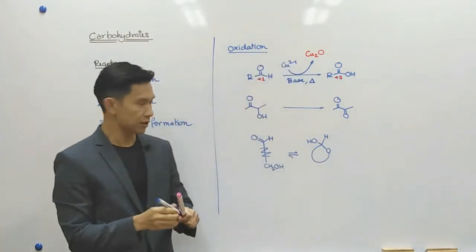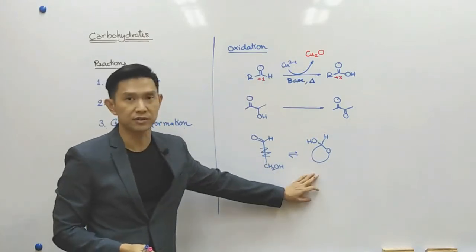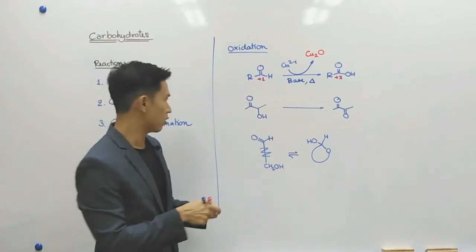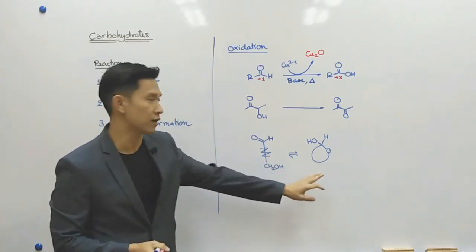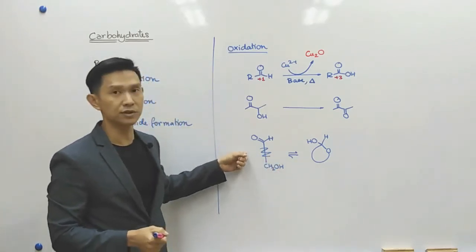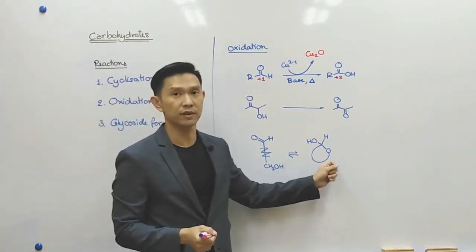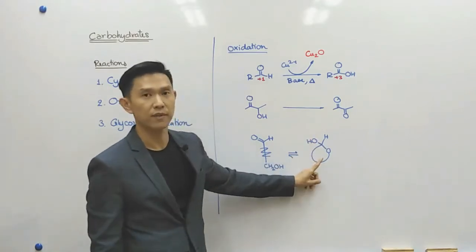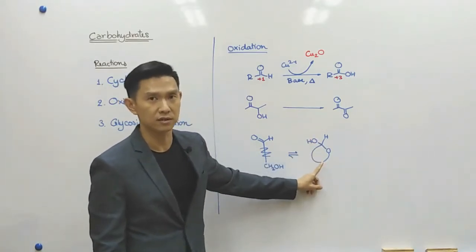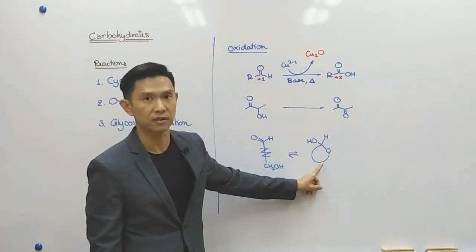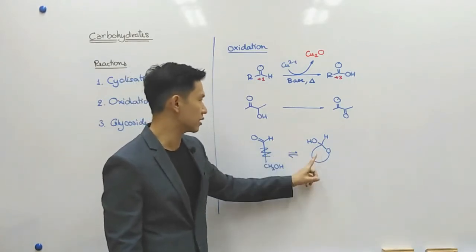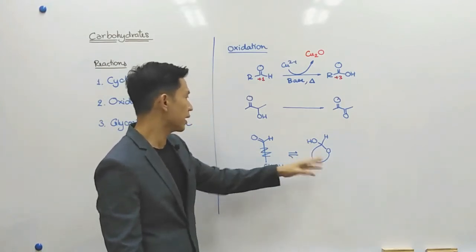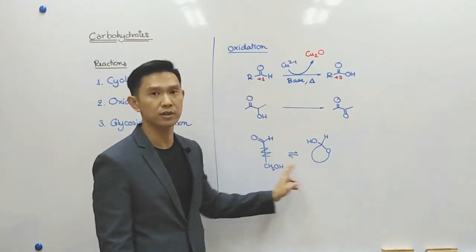So in the form of this cyclic structure, is this an aldehyde? Or maybe it can be a ketone, but I just show you the aldehyde form. This aldose sugar cyclizes to be something like this. But in this structure, you cannot see the aldehyde. That means this structure is inert to the oxidation process. This is the inert chemical form of the monosaccharide. But anyway, you have equilibrium between the two.